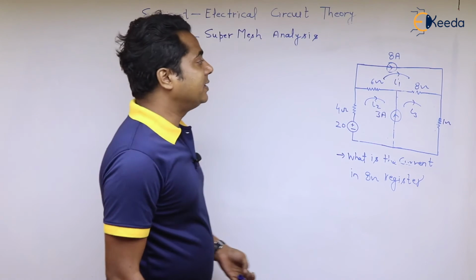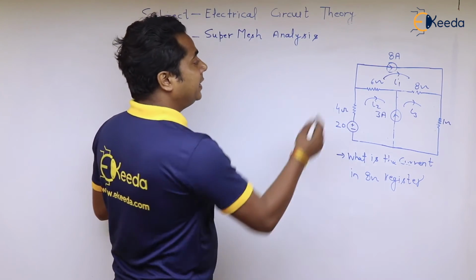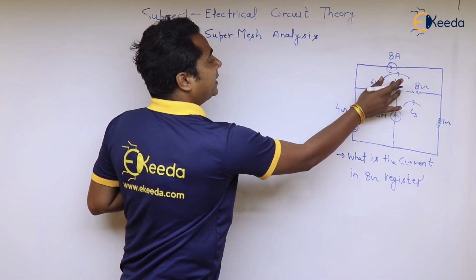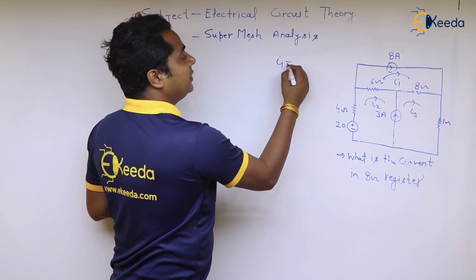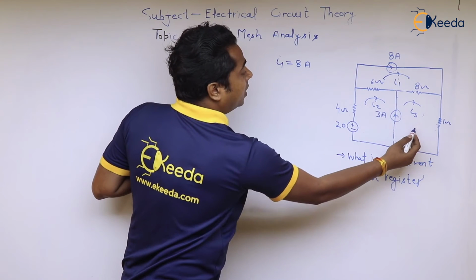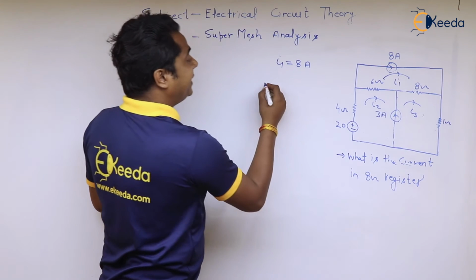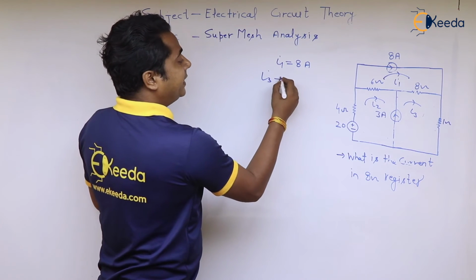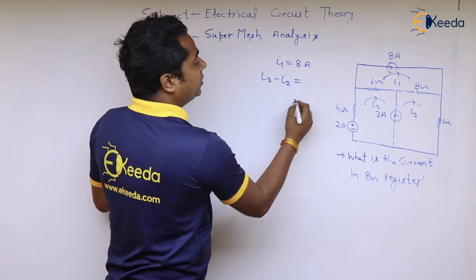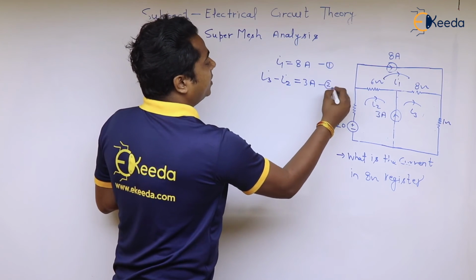Now we will see all the necessary equations to solve I1, I2 and I3. Easily we can see from here that the value of I1 is equal to 8 ampere. Here we can see the 3 ampere is in the direction of I3. So we will write I3 minus I2 is equal to 3 ampere. This is equation number 1. This is equation number 2.